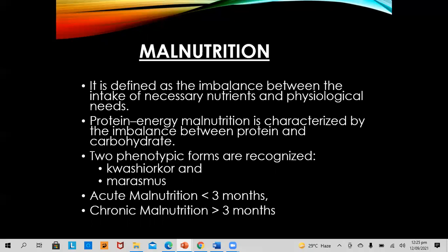There are two phenotypic forms of protein energy malnutrition, and they are Kwashiorkor and marasmus. Acute malnutrition is malnutrition that is less than 3 months old, and chronic malnutrition is malnutrition which is more than 3 months old.